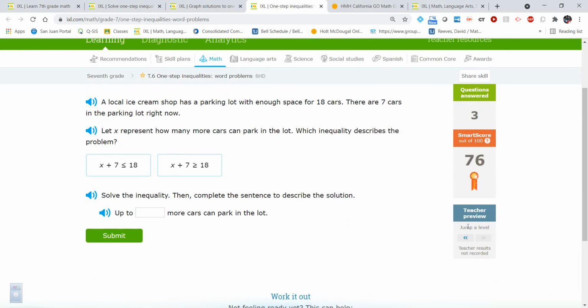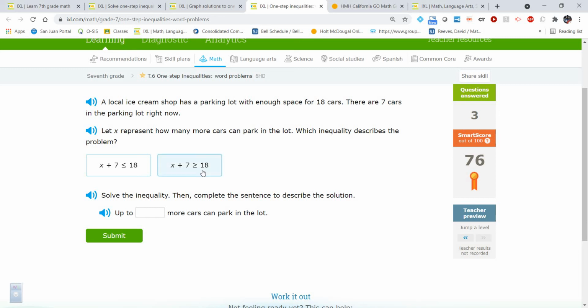All right, so it looks like there's no more levels to go up. Let's do this last one, and then we're going to be done with this video on IXL practice skills on one-step inequalities. All right, a local ice cream shop has a parking lot with enough space for 18 cars. Hey, this sounds like the plane problem we did first. There are 7 right now. All right, so it has space for 18. It can include 18.